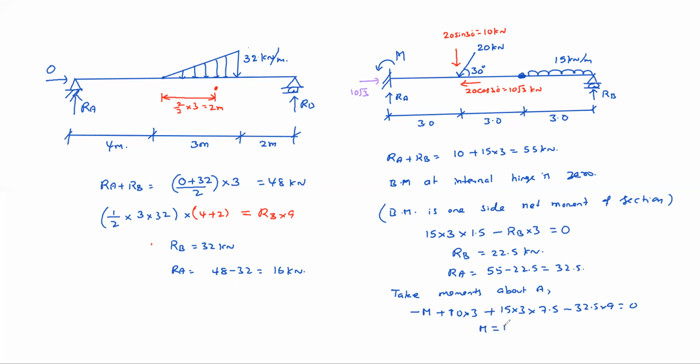1.5 kilonewton meter. Correct, na? 1.5. RA is 32.5. 10 into 3, 30. 32.5 into 1.5. 30 plus 45 is 1.5, minus 32.5 into 9.